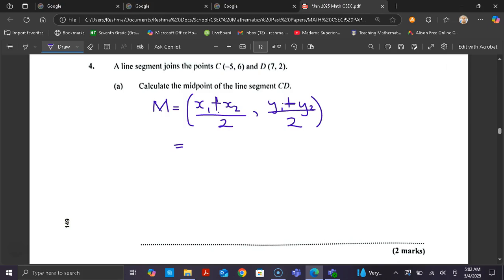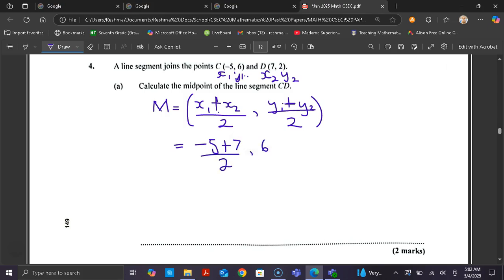So x1, y1, we're going to let that be the first point C, and x2, y2 will be our second point D. So all we have to do is just substitute the values. So x1 is -5, x2 is 7, y1 is 6, and y2 is 2.